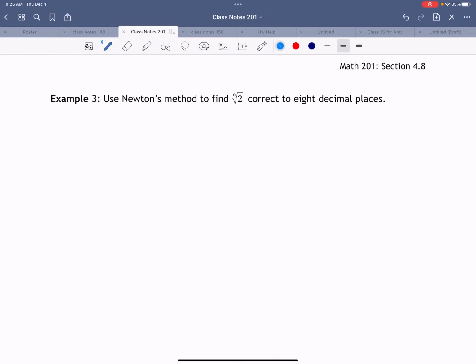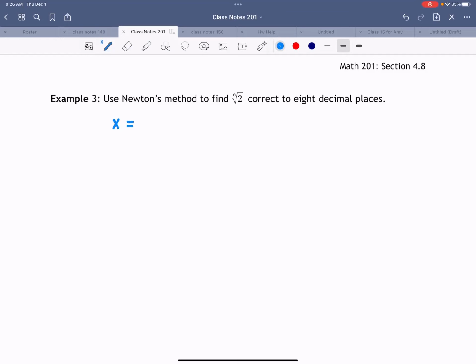Now, with Newton's method, you do need an equation that you need to find the derivative of, but we don't actually have an equation here. So, is there any way we can come up with an equation? Let me show you something that could come about.